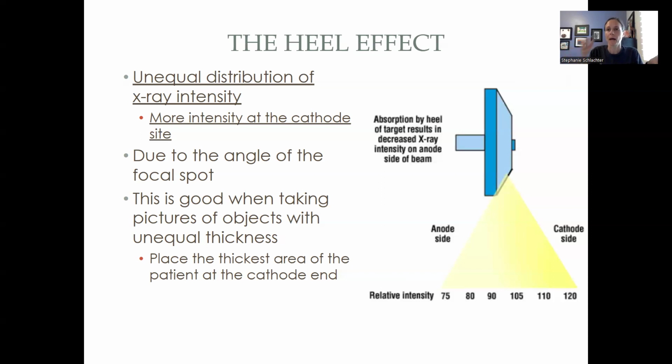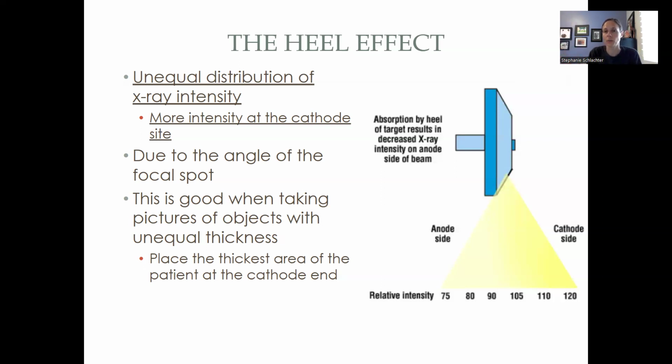Think about dogs with big broad shoulders and kind of teeny tiny little thorax, right? Got all this muscle up here and then they kind of do one of these. Okay, so it's thicker at the front of the chest and thinner at the back. Okay, so the front of the chest on the cathode side, back of the chest on the anode side.